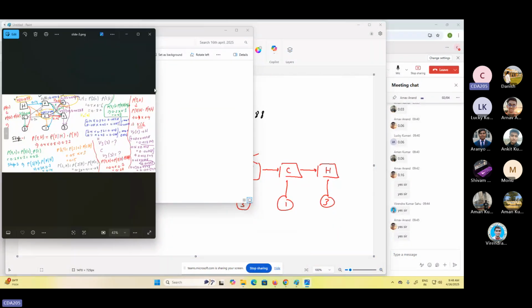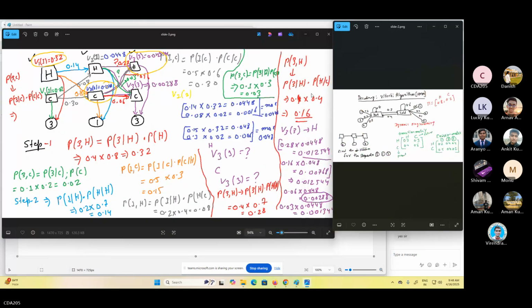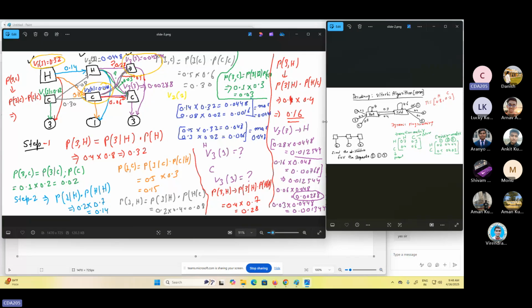If you are facing any problem, you can ask. Both the slides I have opened. Kindly go through any value which you don't understand how to calculate, you can ask. I am giving you 10 minutes to go through that, revise it, and see how we have calculated each value.